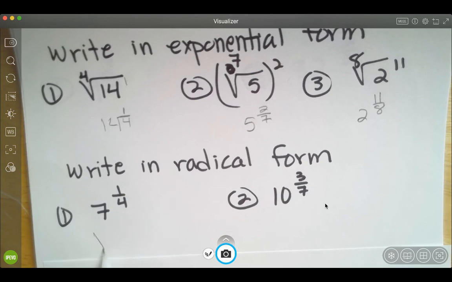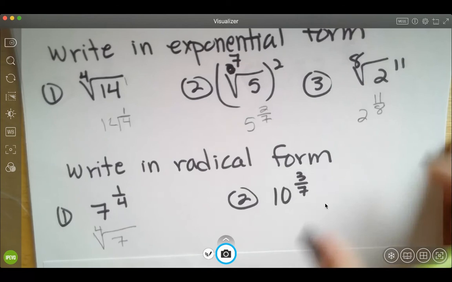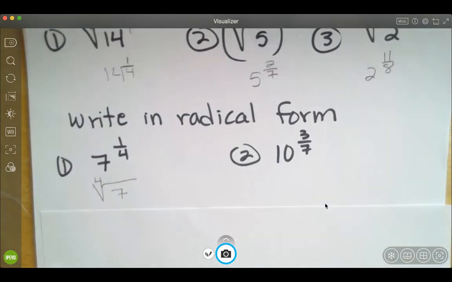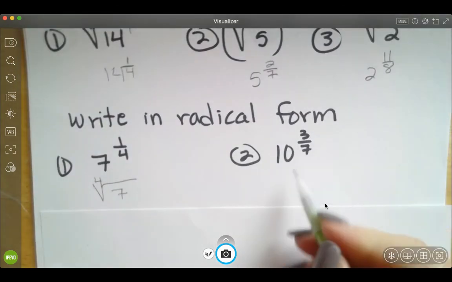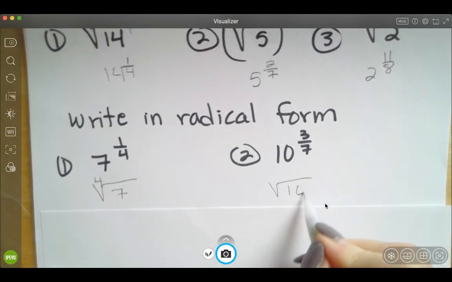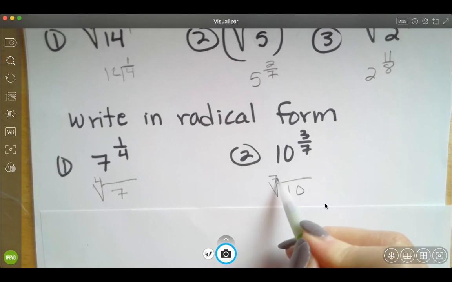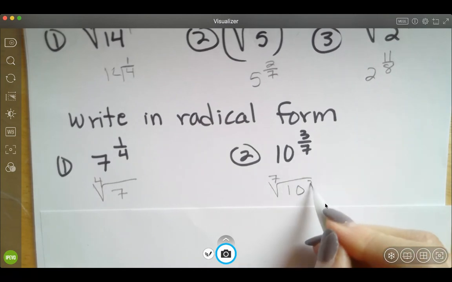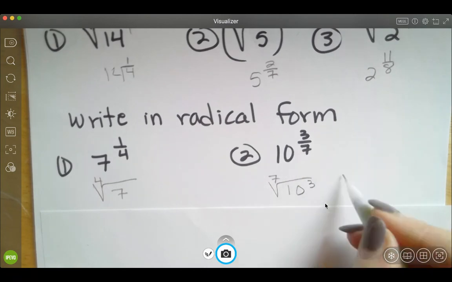So it's the 4th root. This is our 7, and it's to the 1st power. This is 10. This is our root number, and this is the exponent. Remember, it could go here or it could go on the outside.